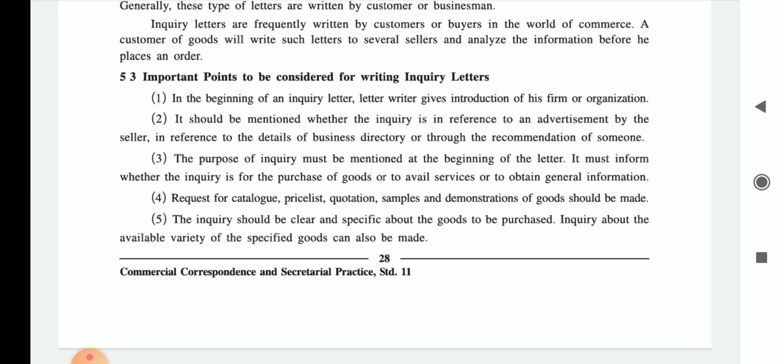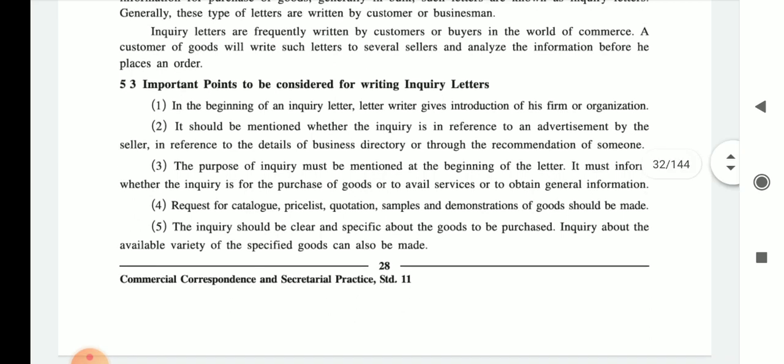Now I will write an inquiry letter to you, as you are a very good businessman in this example. So first I will write a letter to you, then you will reply to me, then I will write to you, then you will write to me. So this scenario is going on, so letters should be written frequently.